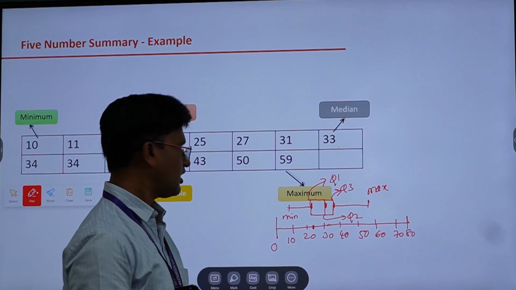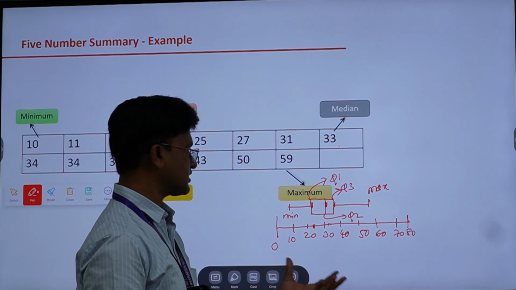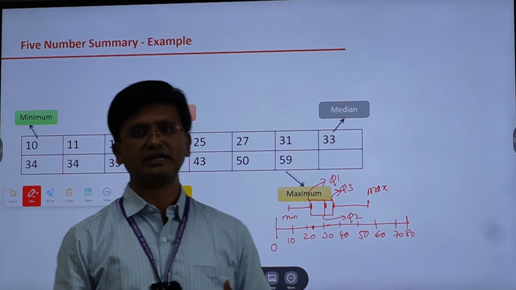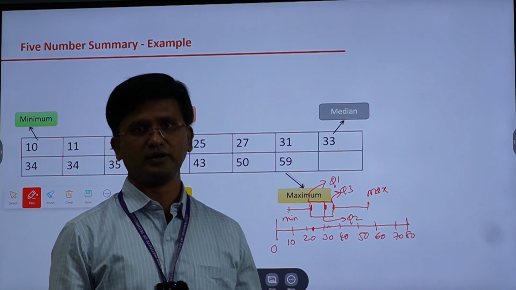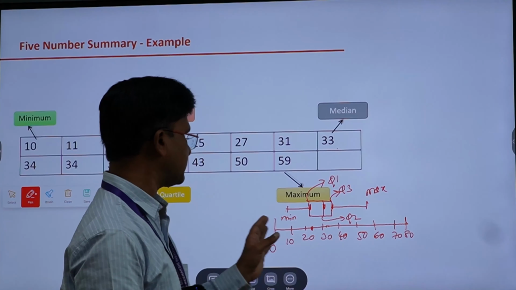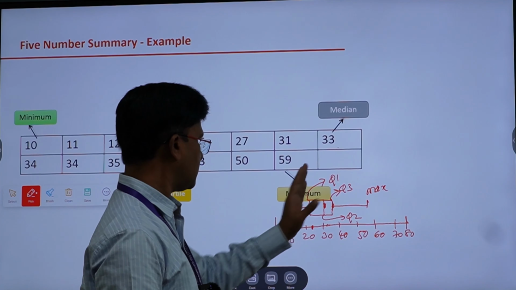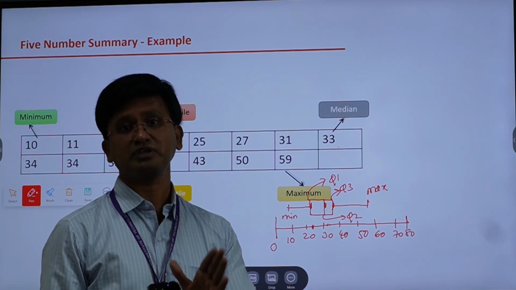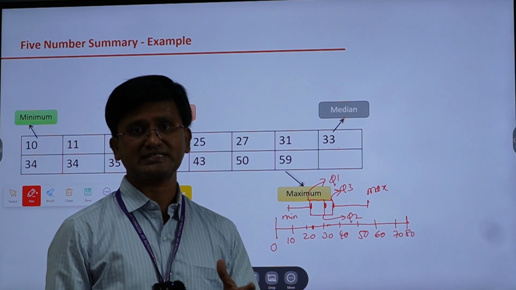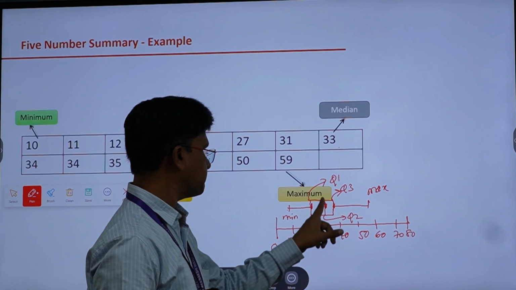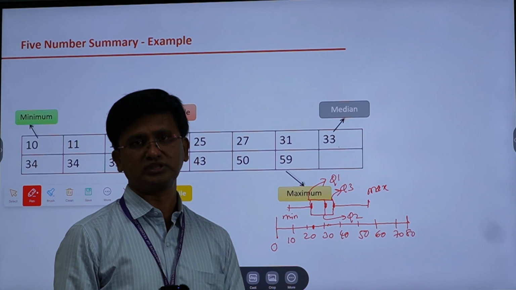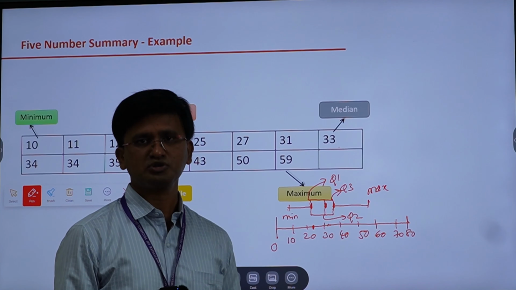But the point here is, after plotting this graph, how can we interpret our data set, our data points, with respect to the box plot? First point, just observe the median. What is the position of the median? Whether that median is exactly between Q1 and Q3. If it is the mid of Q1 and Q3, then you can say our distribution is normal.